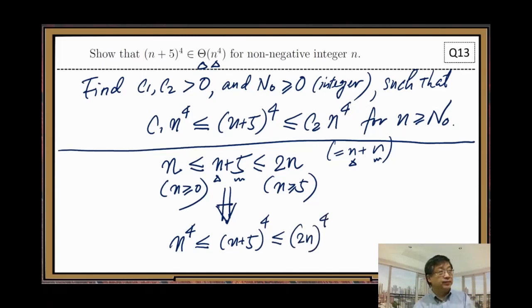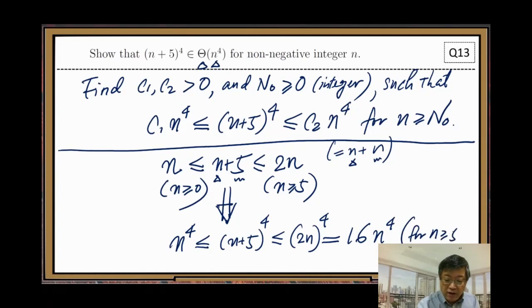How about that? You can simplify this a little bit: 16 times n to the fourth, with capital N0 for n greater or equal to 5. So this inequality is true for n greater or equal to 5.